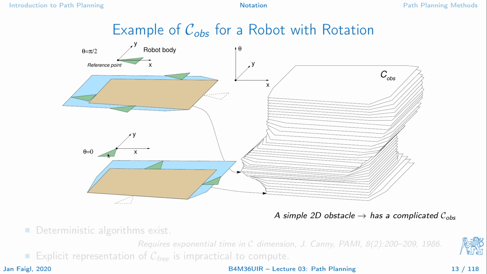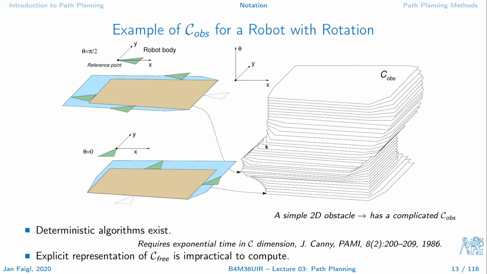But you can also consider another orientation of the robot, because that's the configuration space, X, Y, and theta. So it may look like this for all possible orientations. So, a simple 2D object has a complicated C obstacle, and it is even more complicated for the complement, the C free.